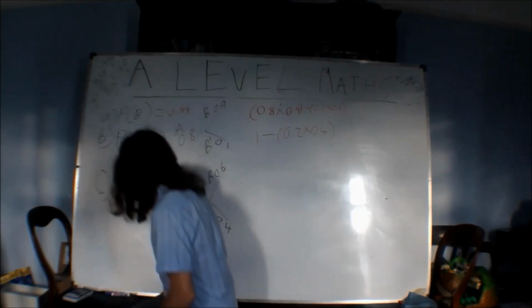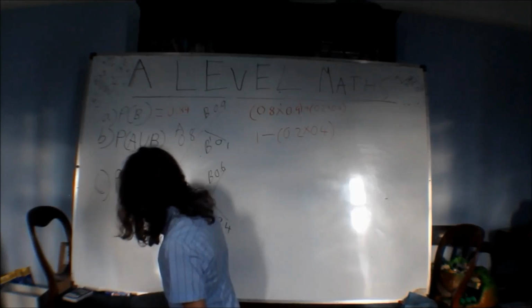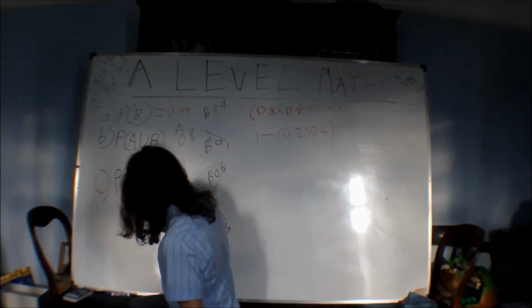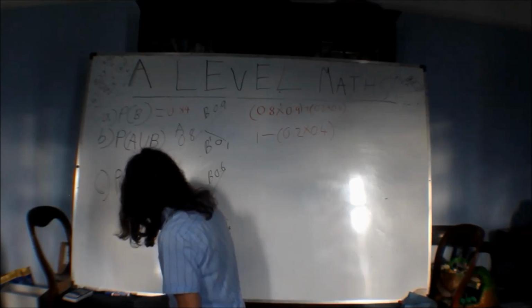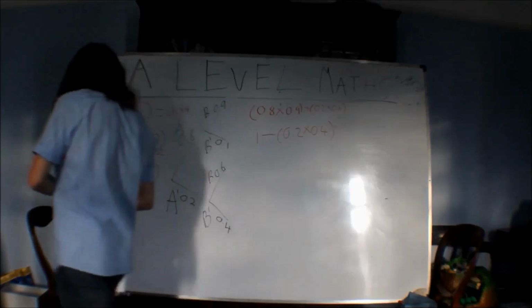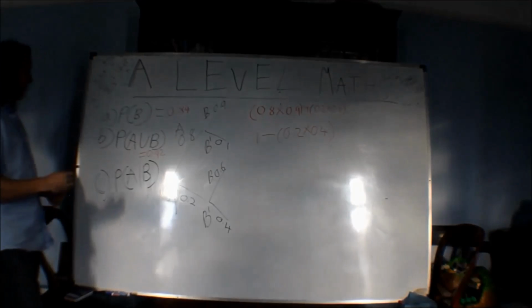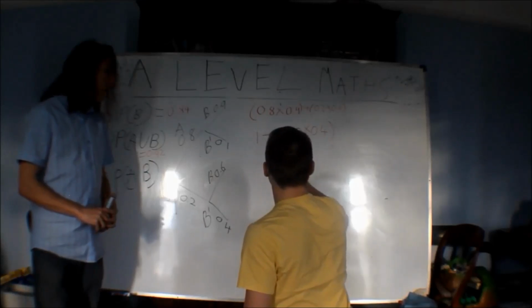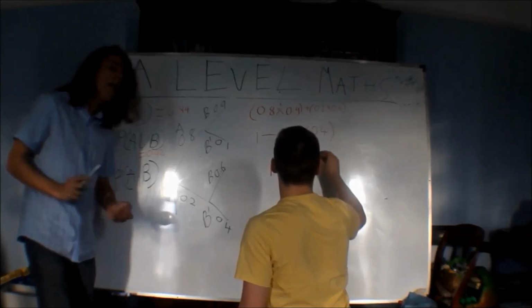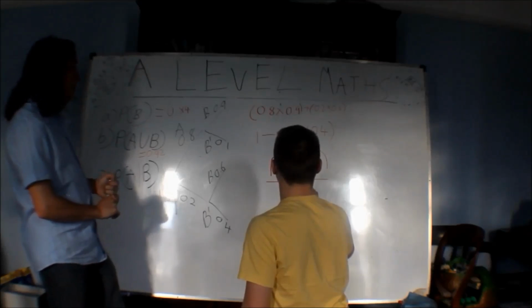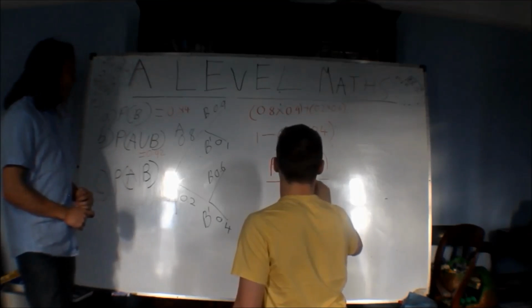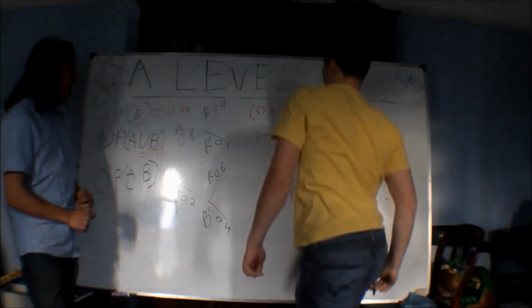Given that the trainee passes B, find the probability that they pass A. Given that B, they've already passed B. We've just gone over this in conditional probability, so you should know how to do this. By our formula, we have the probability of A and B over the probability of B. We have the probability of B, and we have the probability of A and B, I think, do we?